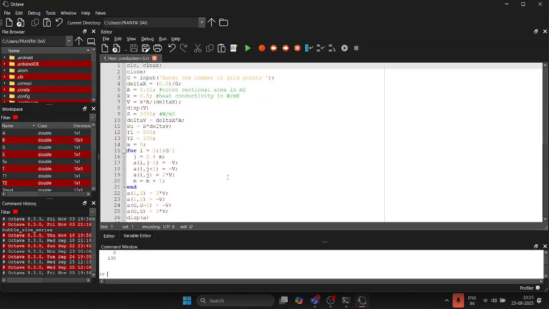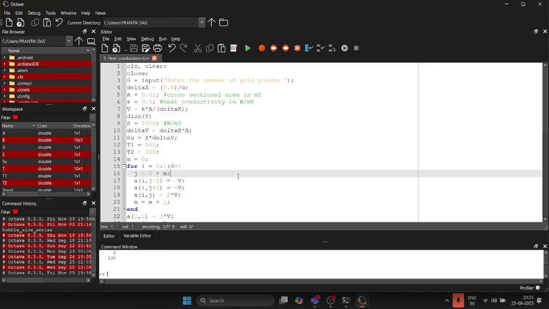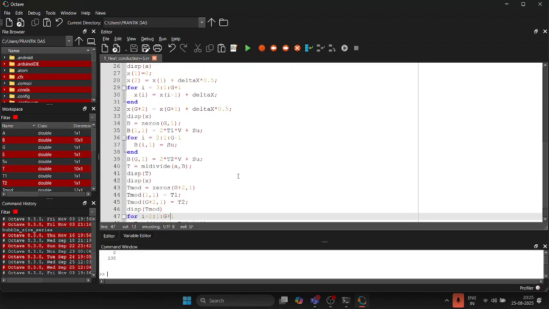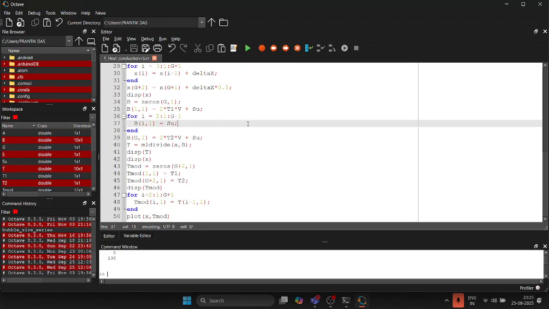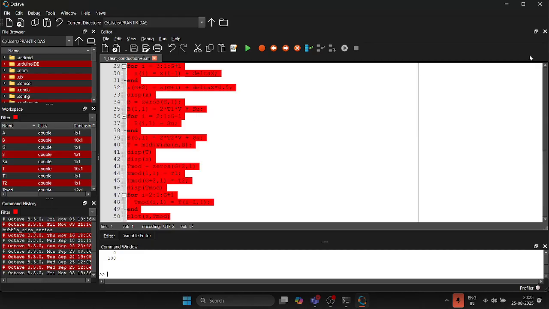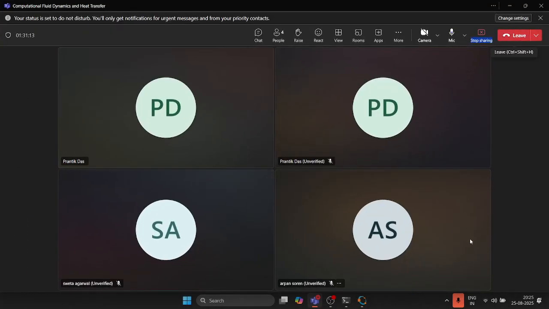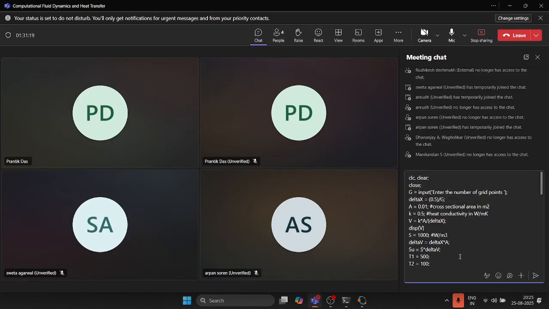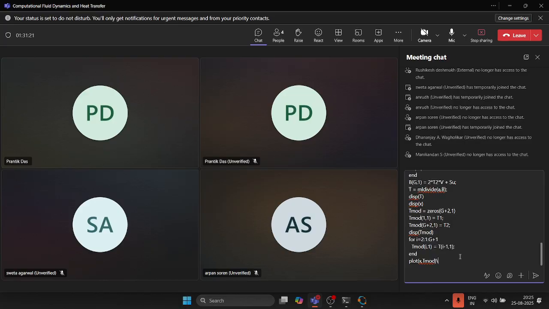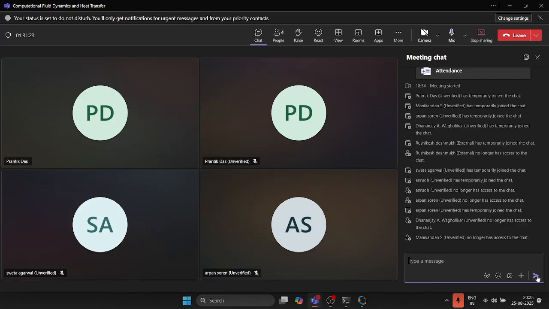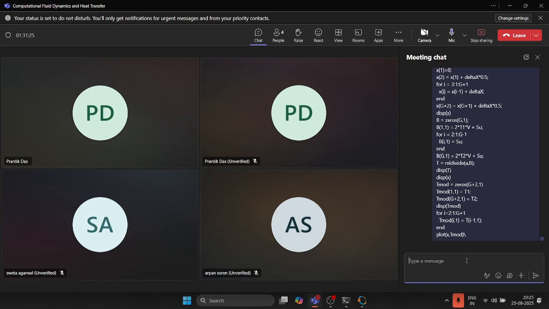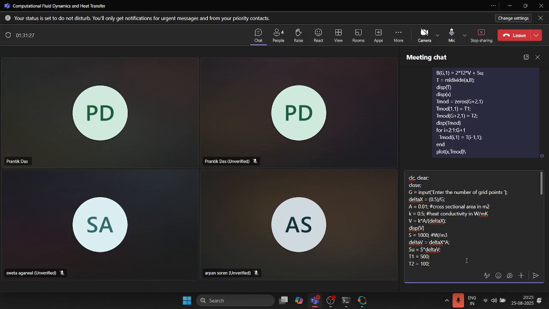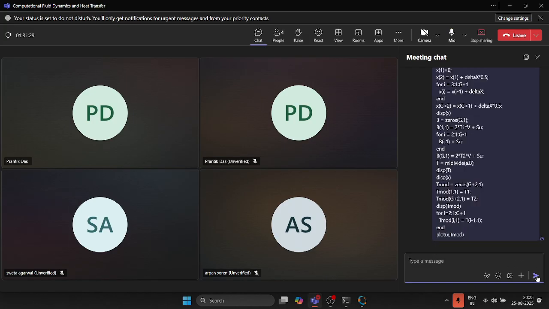This code I will share with you, by the way. I hope I can paste it here in the chat box. I think there is a slash in the first one.